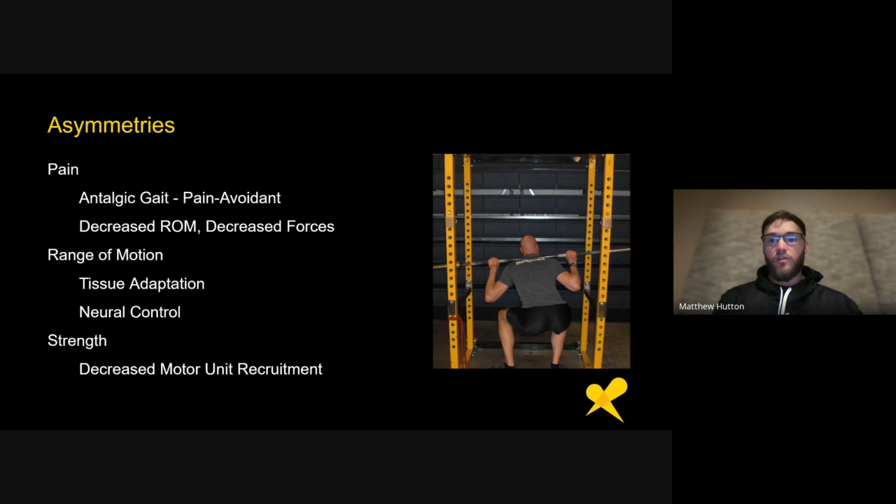Usually it's an asymmetry either of the shoulders or the hips. Sometimes it's the knees or the ankles, but if you see an uneven bar, that should be a red flag. You should be able to see that those hips are basically a mirror image of one another, and that symmetry should be more or less perfect. Obviously, everybody's going to have some degree of asymmetry, but if you're seeing something this glaring, alarms should be sounding in your head.